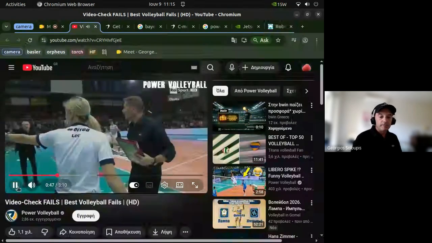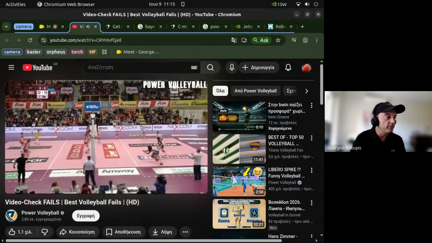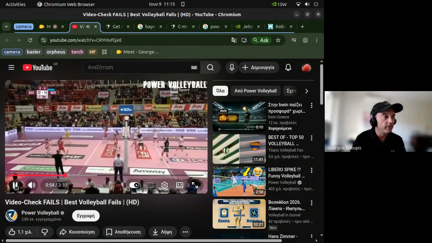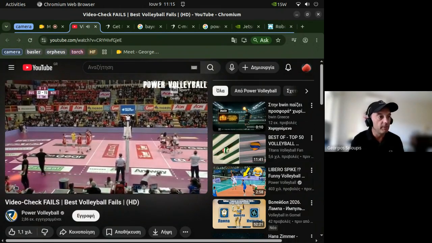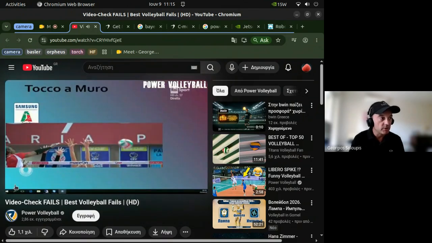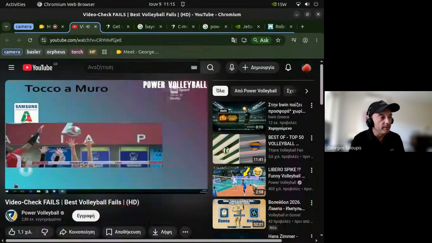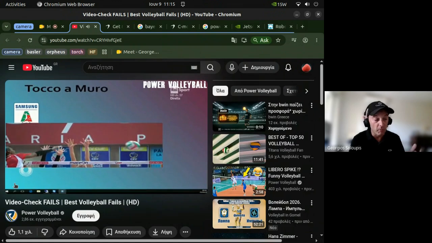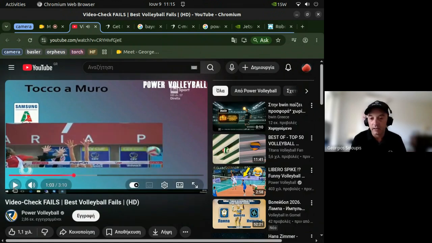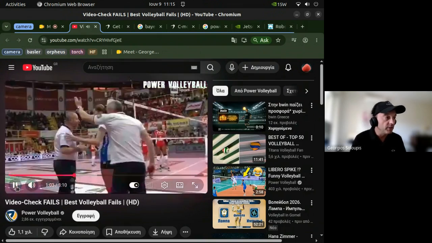Let's see another example in the next video, where the player is doing an attack. No one knows exactly what happened. This camera doesn't show that the ball touched the fingers, because probably it doesn't have many frames per second, and it missed the frame where the ball touched the fingers.